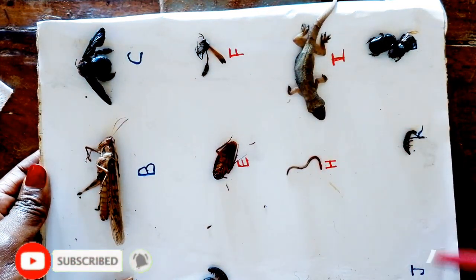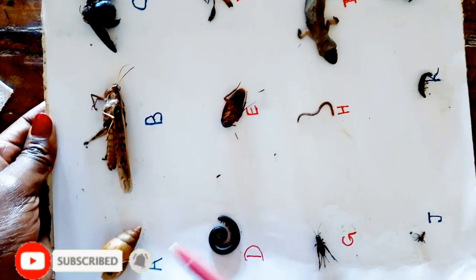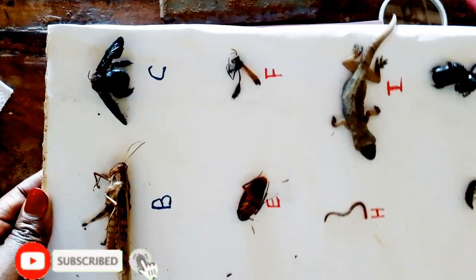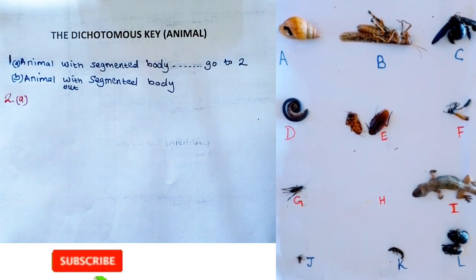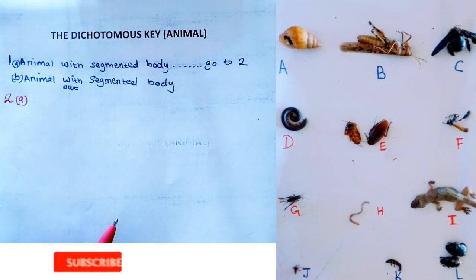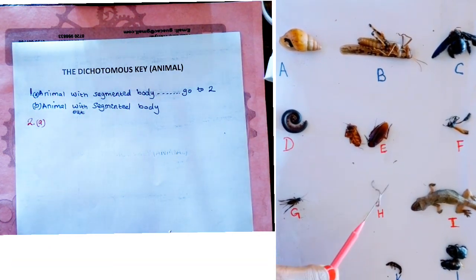All these other organisms have a segmented body apart from I and A. So we look at another morphological feature that will separate them, and what will separate them is the locomotory structures.